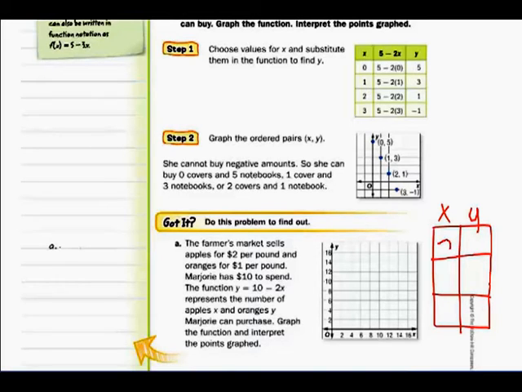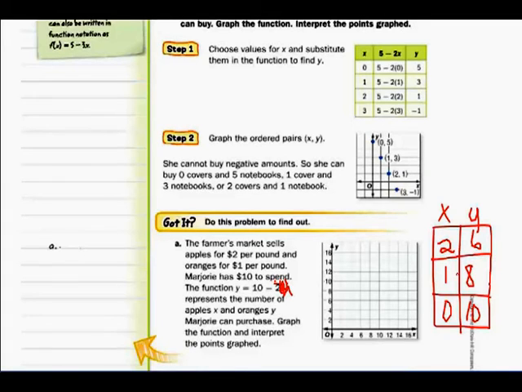So if you want to pick 3 numbers and graph them. So if you put in a 2 for x, 10 minus 4, 6. If we put a 1 in right there, 10 minus 2, 8. And of course, if it's a 0, that whole part's gone, and it's just a 10.